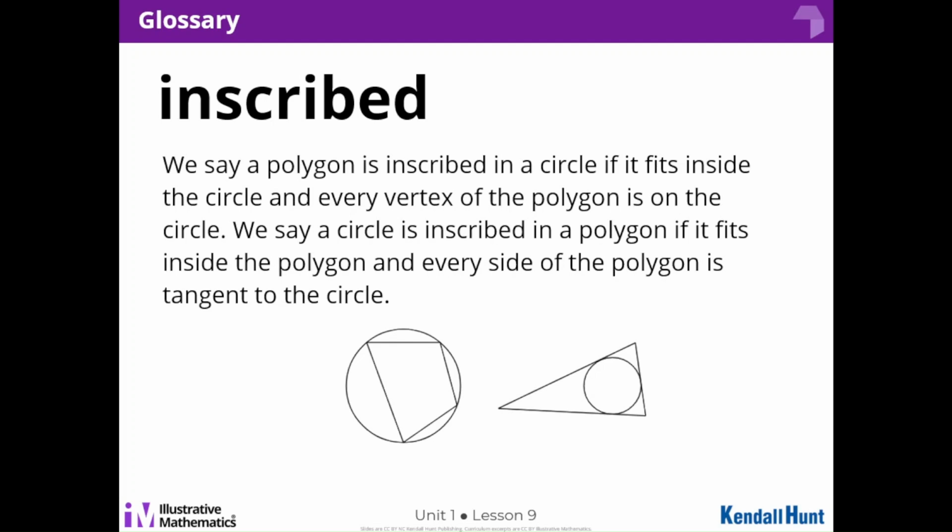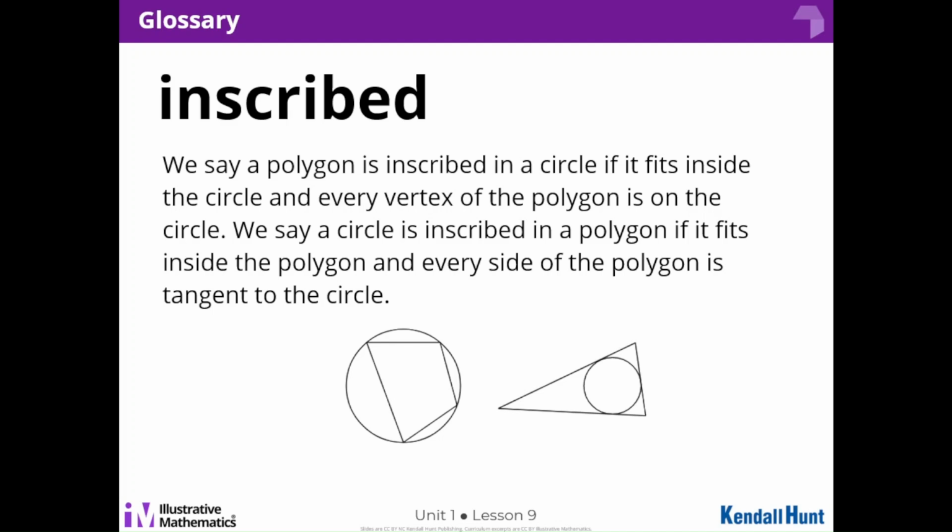Next, we have inscribed. At the bottom, you can see 2 examples. The example on the left, we would say that is a polygon inscribed inside a circle because it completely fits inside the circle and every vertex or corner of the polygon touches the circle.